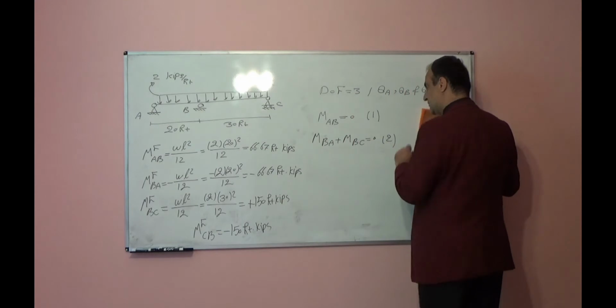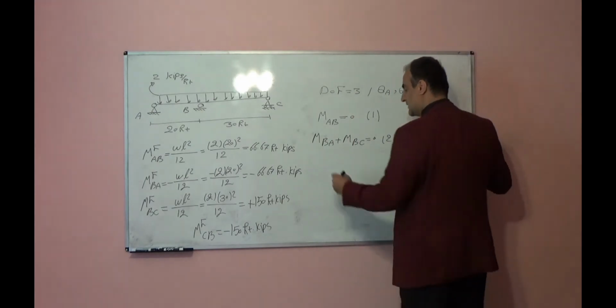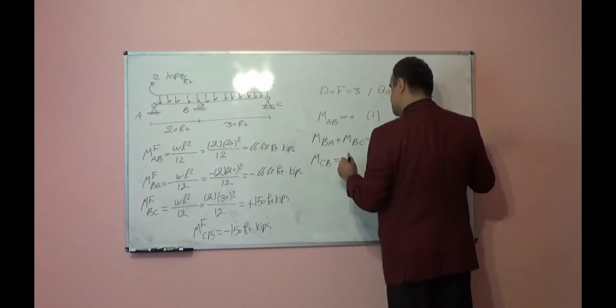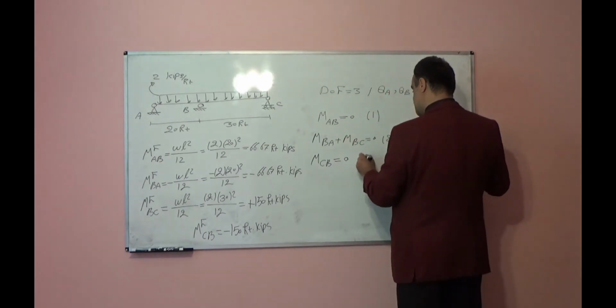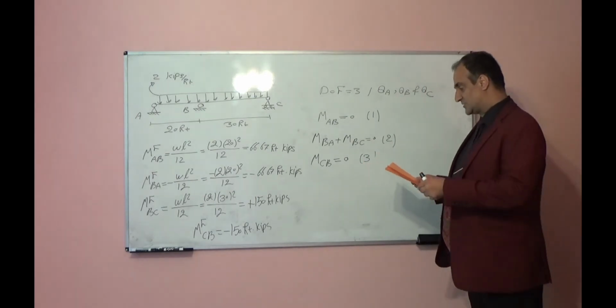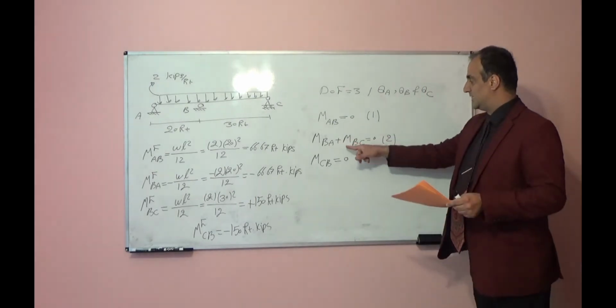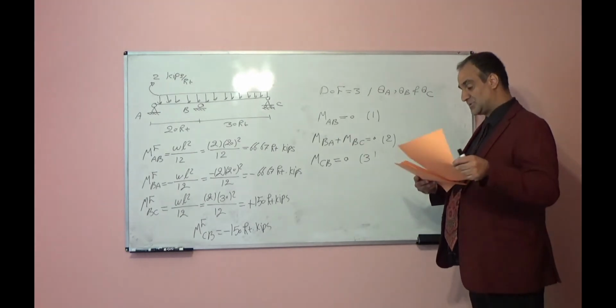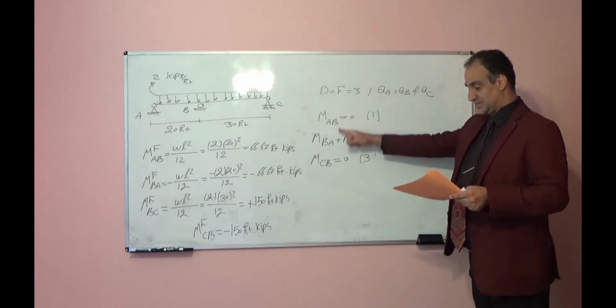This is the second equation. Third equation, MCB, again because it is a hinge, it is 0. 3 equations, 3 unknowns you can find. From the slope deflection equations, we will plug those here.